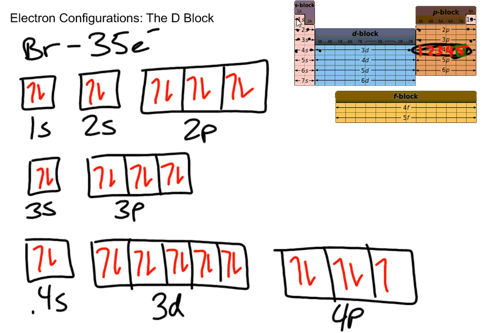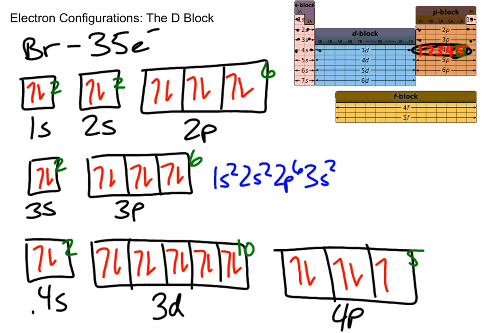My electrons, here's 2 here, 2 here, 6, 2, 6, 2, 10, and 5. So my electron configuration is going to be 1s2, 2s2, 2p6, 3s2, 3p6, 4s2, 3d10, and then 4p5. Okay, so that's the long electron configuration.